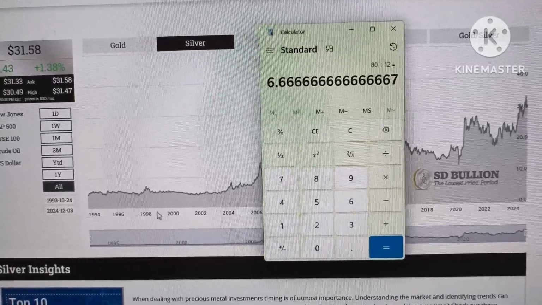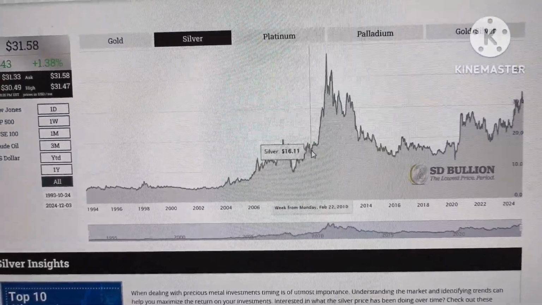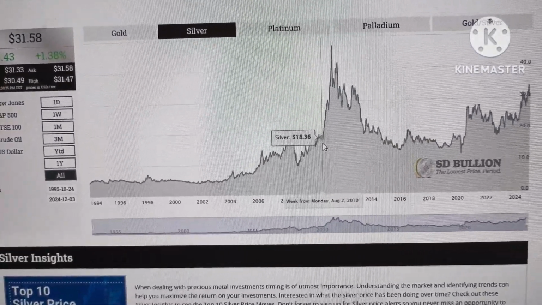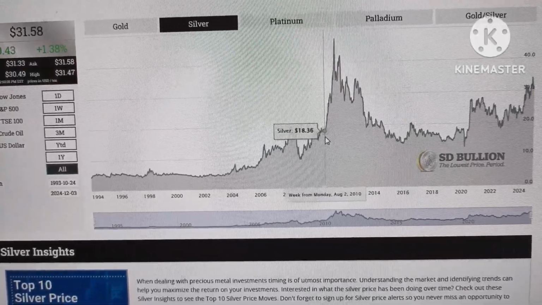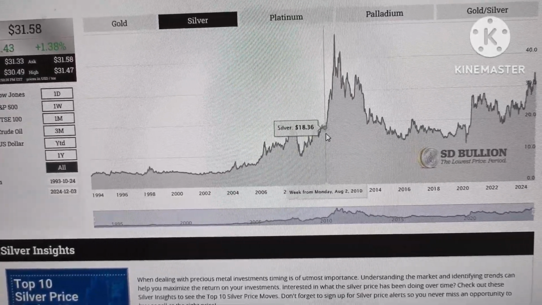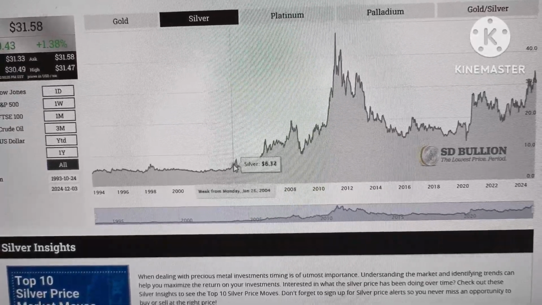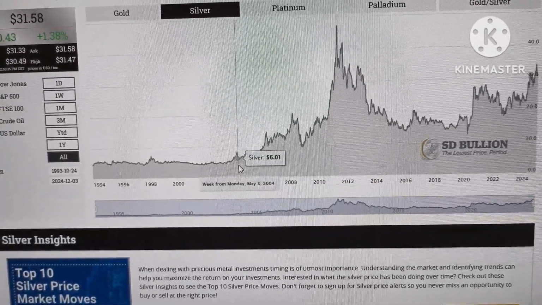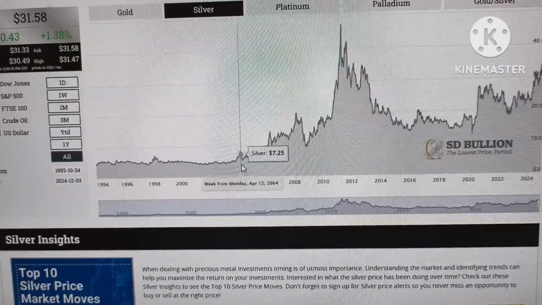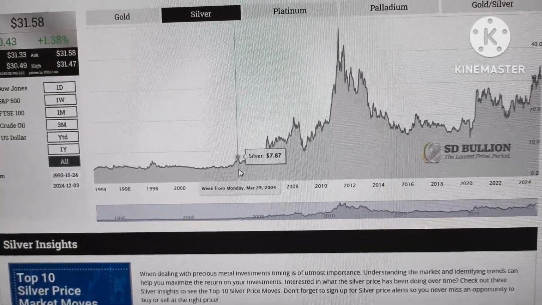Well, that is 6 2/3 years. So if we are here at August of 2010, then we have to go back to basically 2004, which ironically is kind of like the first little spike up here that you see.